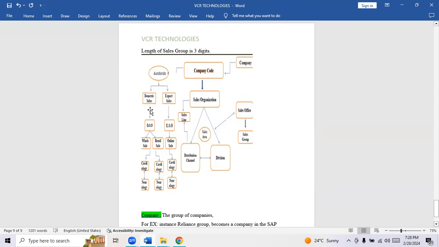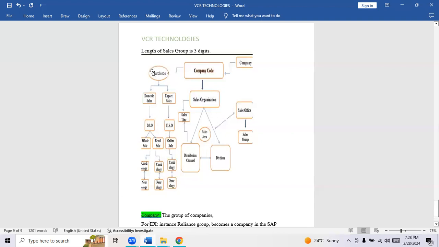Domestic sales organization and export sales organization are the sales organizations. And wholesale, retail, and online sale, these three are distribution channels. Cardiology and neurology, these two are divisions. This is the total enterprise structure.